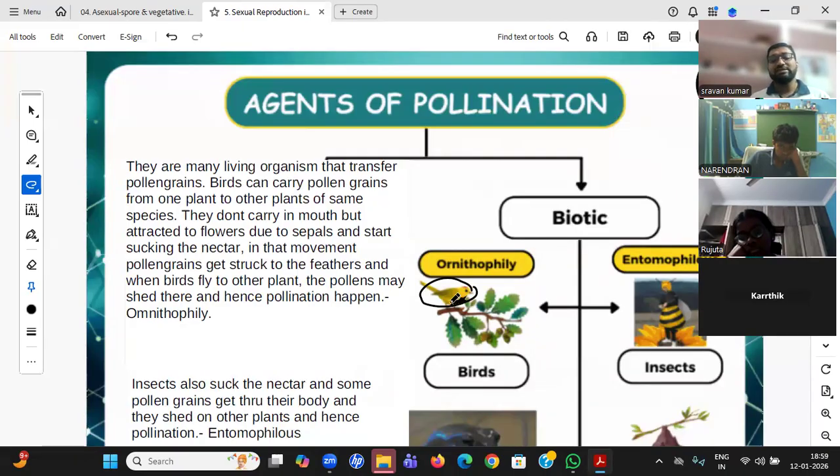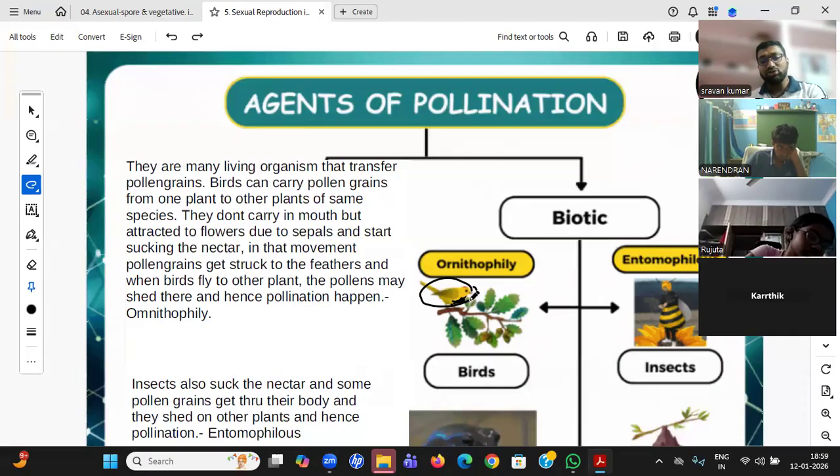Obviously, some of the anther's pollen grains may break and get attached to the bird. Once the bird goes and sits on another flower after finishing the nectar, while moving it may move its feathers, and from the feathers the pollen grains get dispersed. So that is one way the birds help the pollen grains to move.